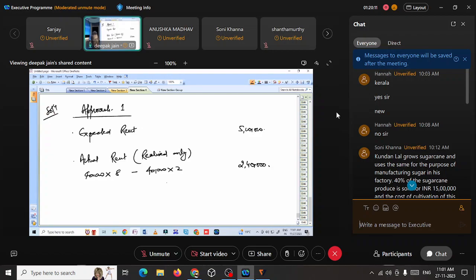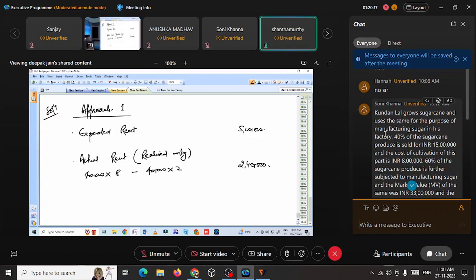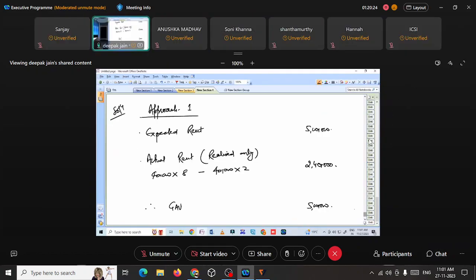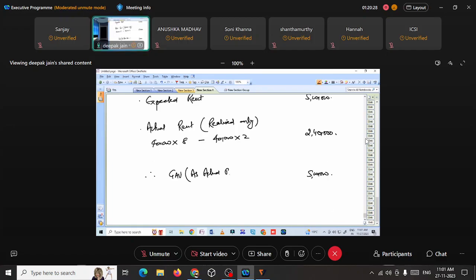Still it is lesser than expected rent. Are you with me? Yes, sir. Therefore GAV is 5 lakh, as actual rent is lesser than expected rent and reason is other than vacancy. Clear?